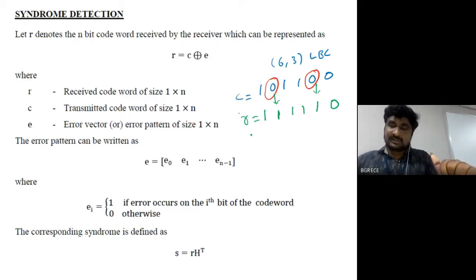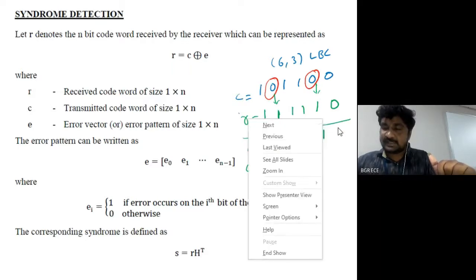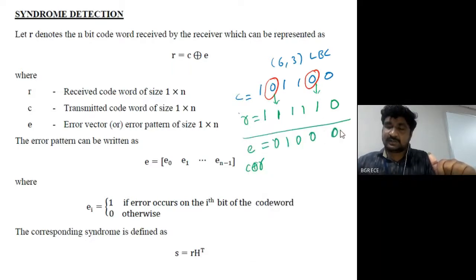So the error will be identified by adding C and R with the modulo operation. So E will be reduced as C modulo R, so 110, 011, 110, 110, 011 and 000.